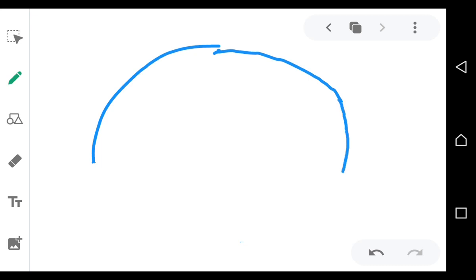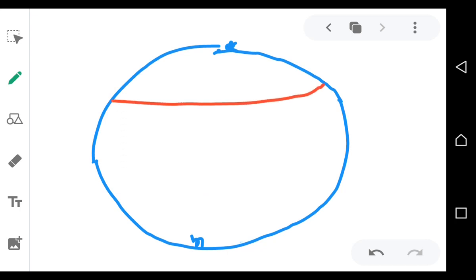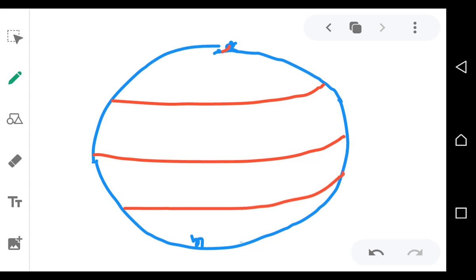You're supposed to know the points available. So I'll put a line there, another one here, another one here. Then I'm gonna put one here, one there.